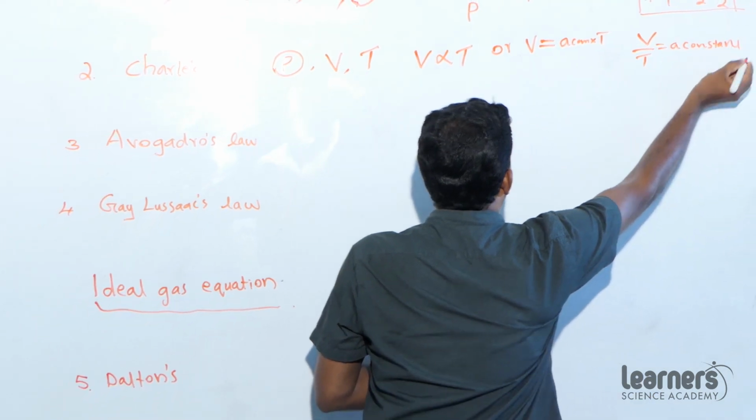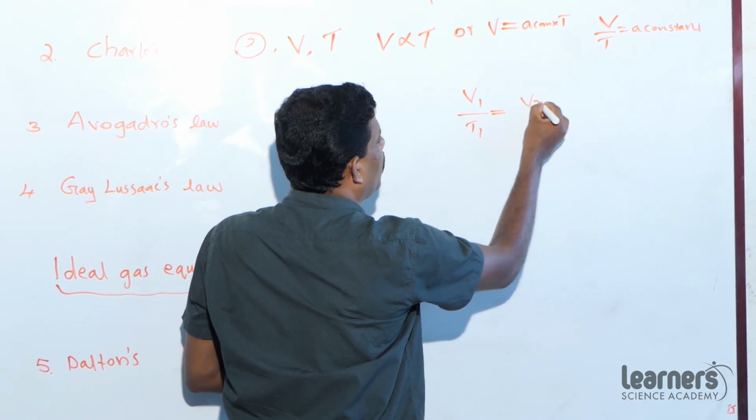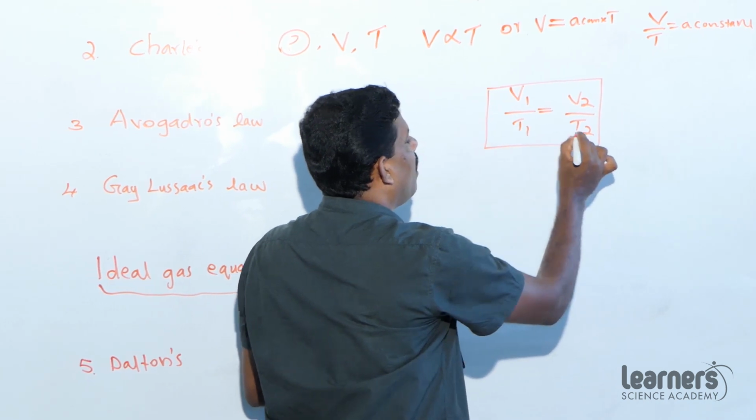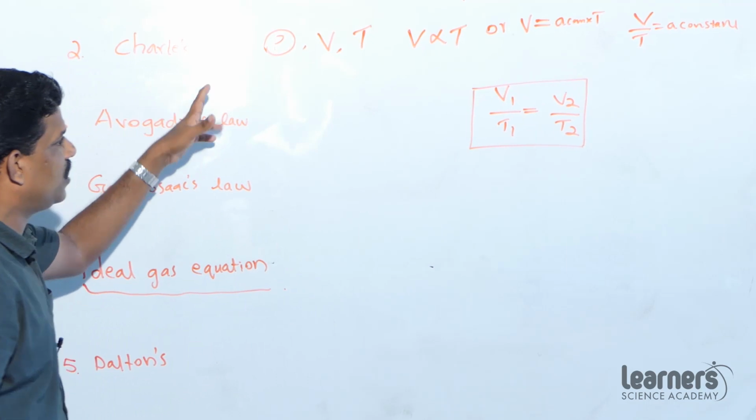Hence, we have V1 by T1 will be equal to V2 by T2. This is the mathematical formula we obtained from Charles' law.